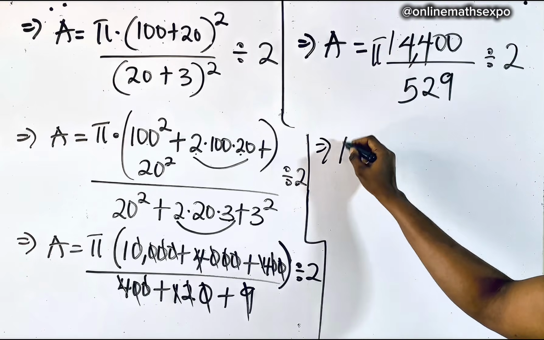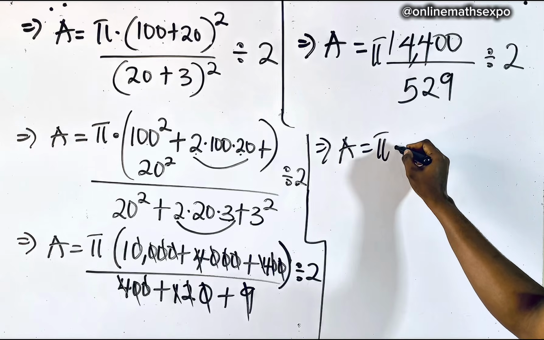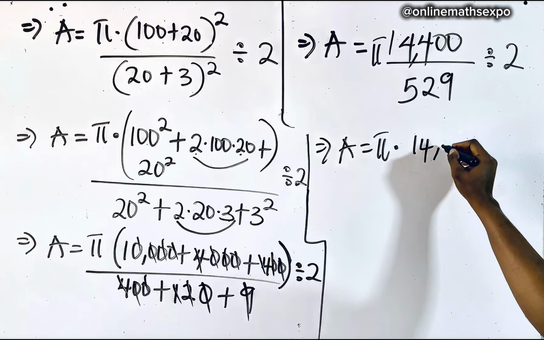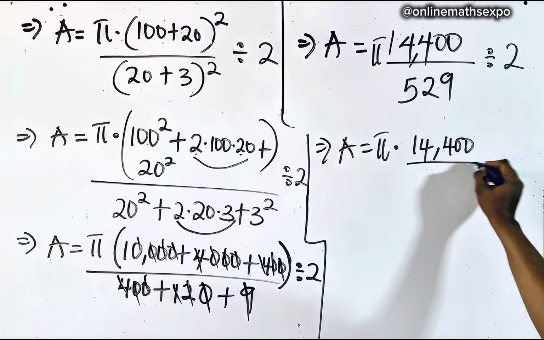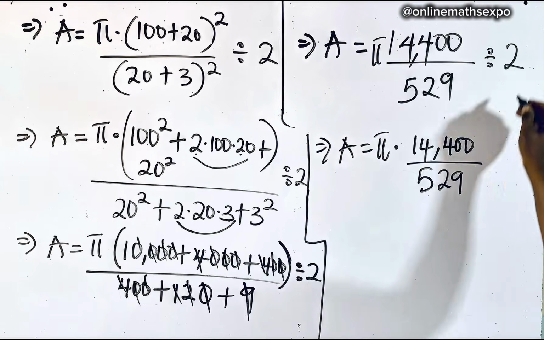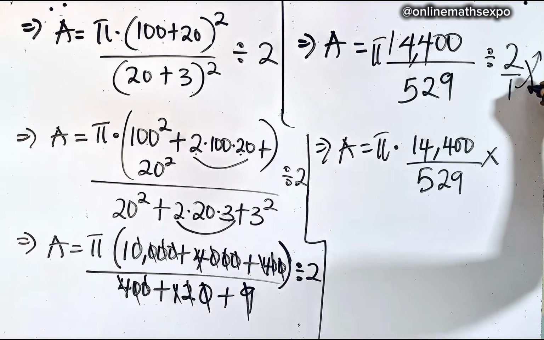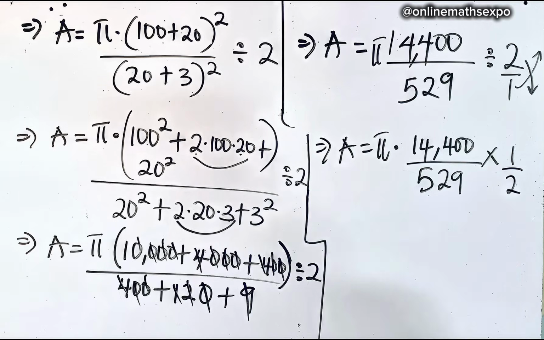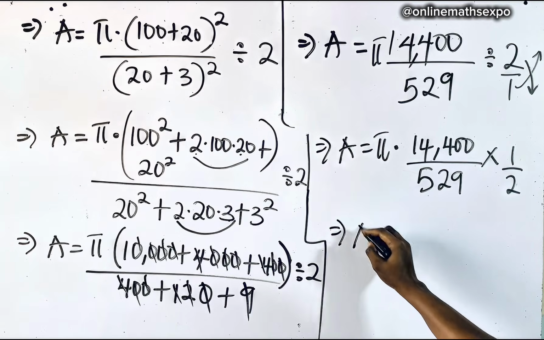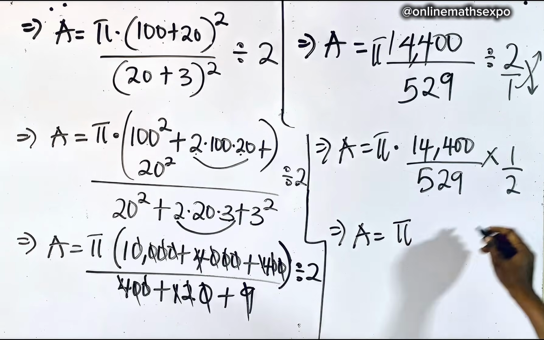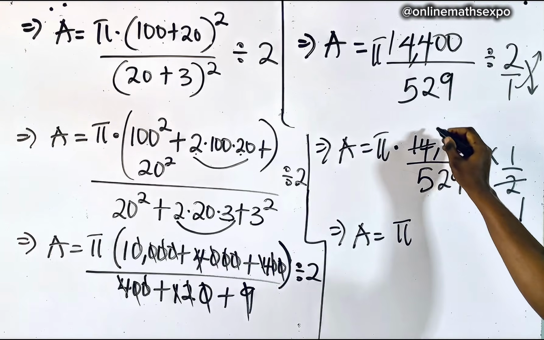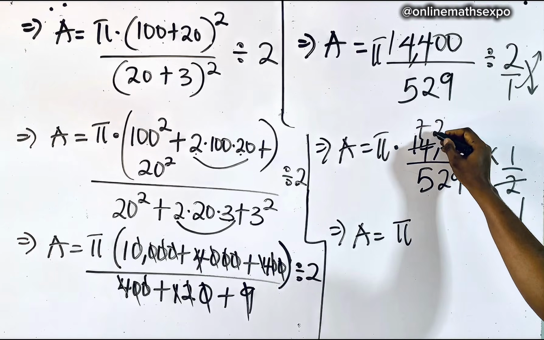So it means that area is pi multiplied by 14,400 over 529. This is over 1. Change it to multiplication. You flip this fraction, it gives you 1/2. So if you simplify, area is pi, 2 here, 1, 2 here will give us 7, and this is 2.